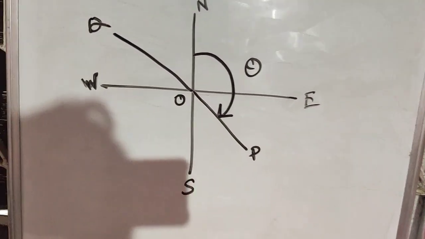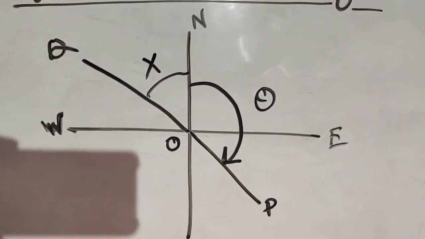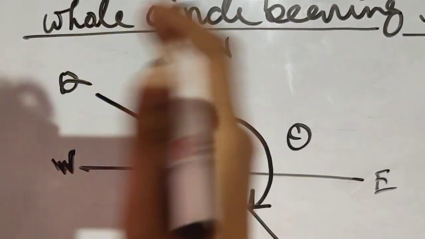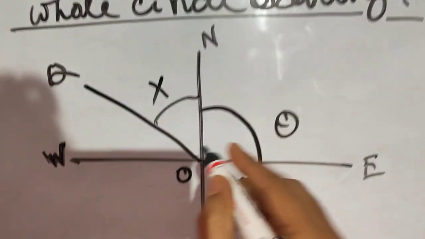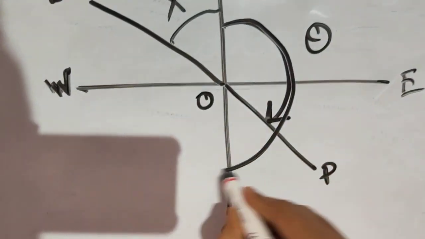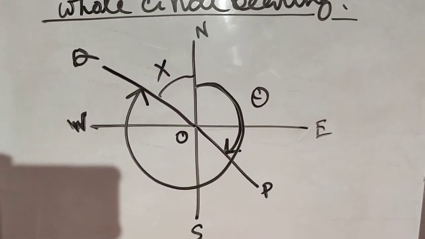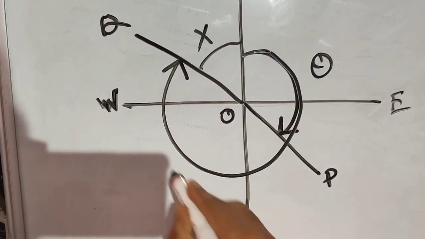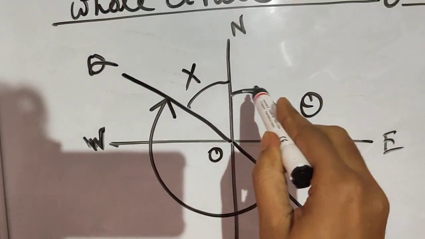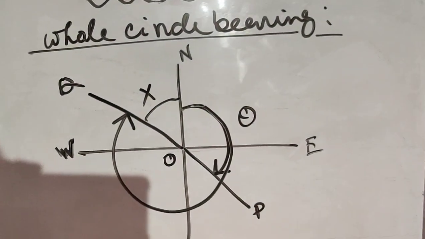The bearing of this line OQ will not be this angle, because if we consider this angle, it will be in anti-clockwise direction. The bearing of this line OQ will be this whole angle, measured in clockwise direction with respect to this north direction. That is why this whole angle is the bearing of this line OQ. Okay.